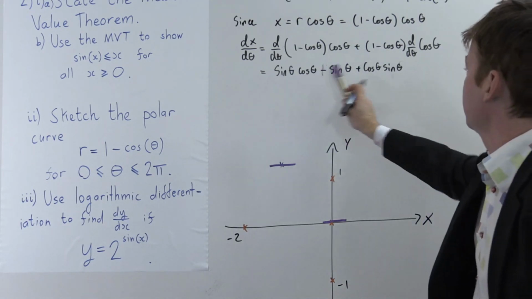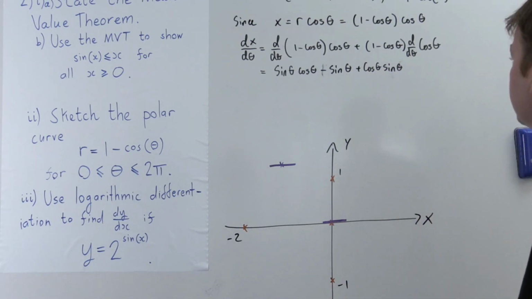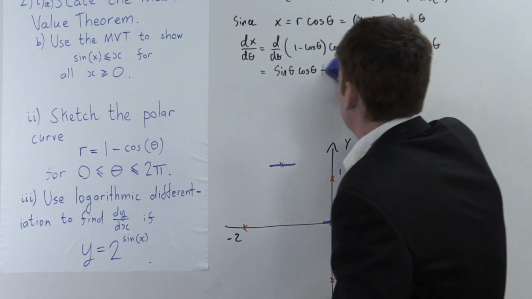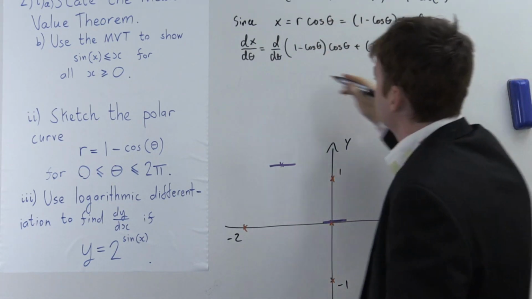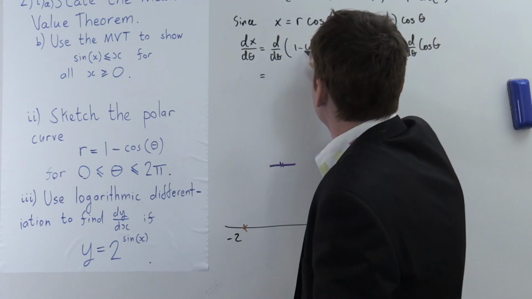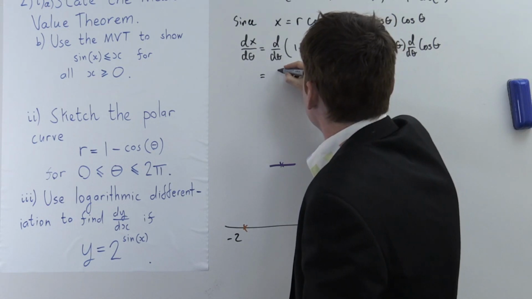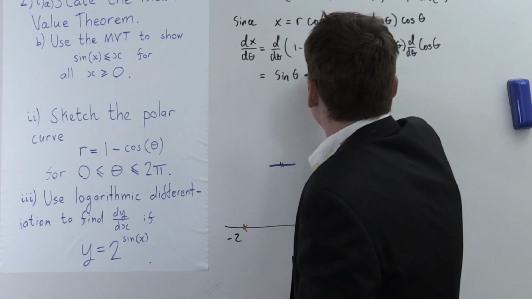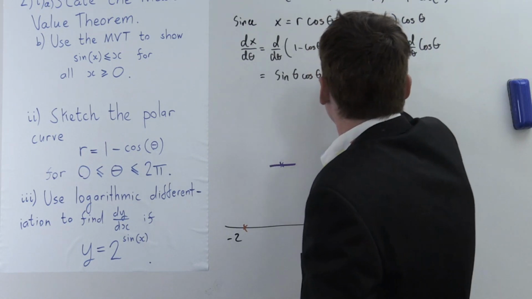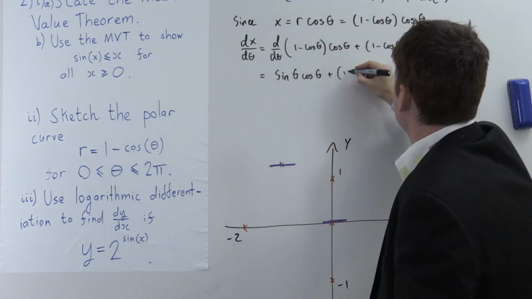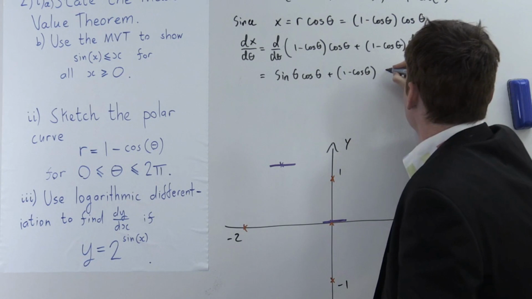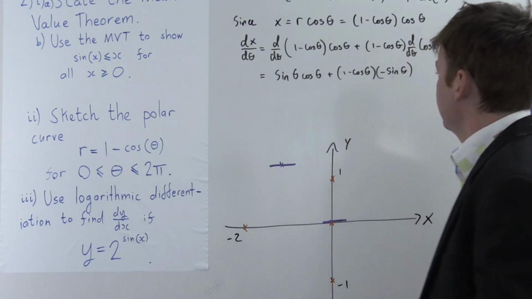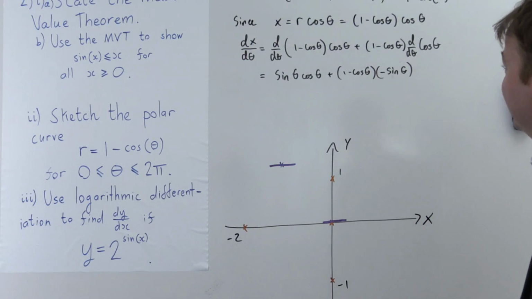I think these two things are supposed to cancel. Maybe I'll just do it again slowly. Cos goes to negative sine, which means this is positive sine, plus this one. No, it still gives me the same thing. What am I doing?